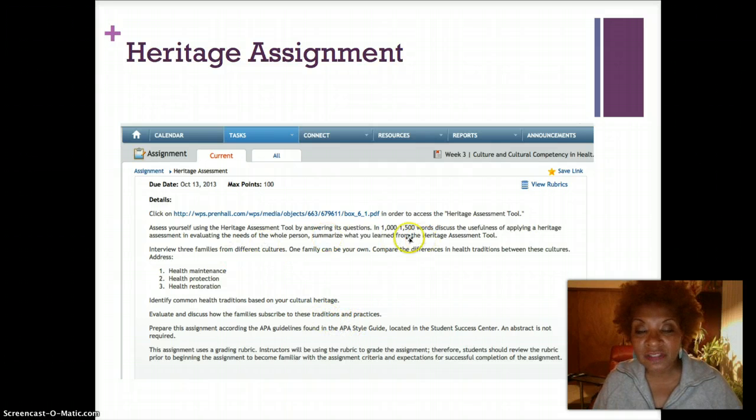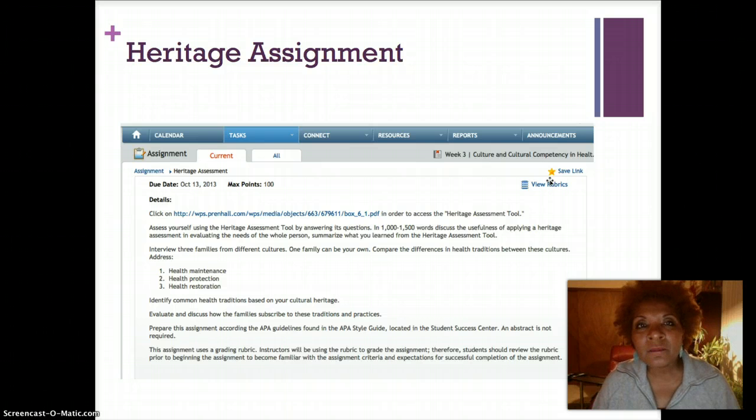You're to do this in 1,000 to 1,500 words, and there is a rubric for this assignment. It can be found in the corner by the assignment. I really encourage you to review the rubric so that you know how you're going to be scored, and so you meet all of the criteria to get the best grade possible.